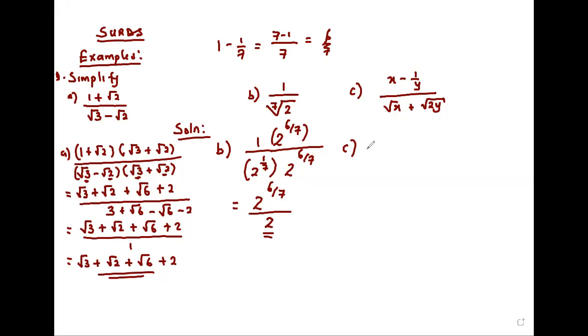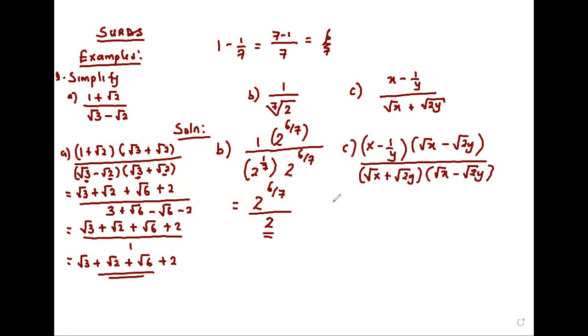So now we have x minus 1 over y multiplied by root x minus root of 2y over root x plus root 2y multiplied by root x minus root 2y.